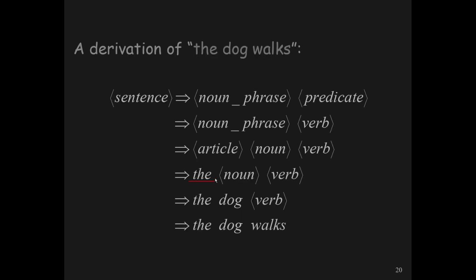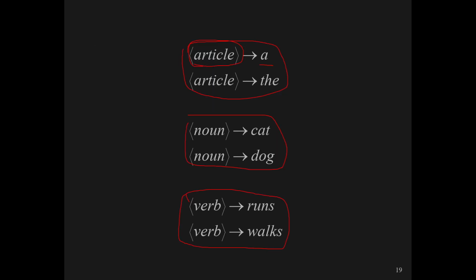Following that, you can start replacing the variables with the actual strings that they can generate based on these rules, these things called productions. So article, you can choose to have the or a if you want, it doesn't matter. You get different strings, but both of them follow the same structure. They conform to the same grammar. In this example, we chose to replace article with the, so we followed this rule right here.